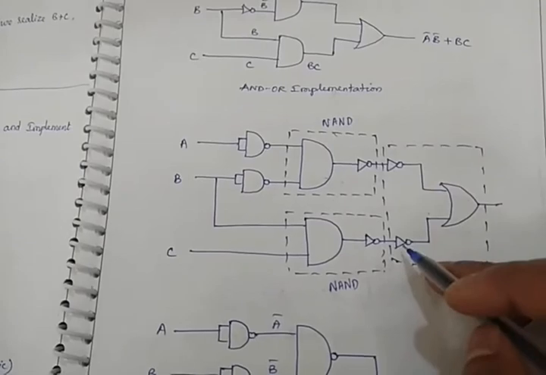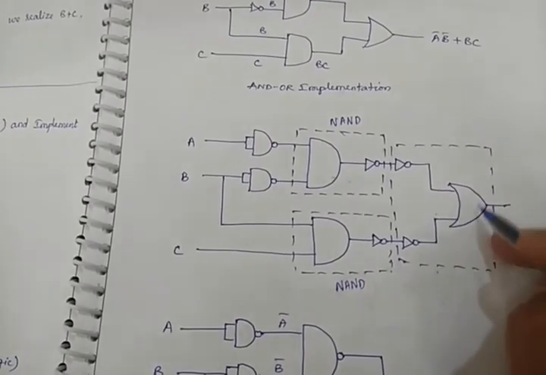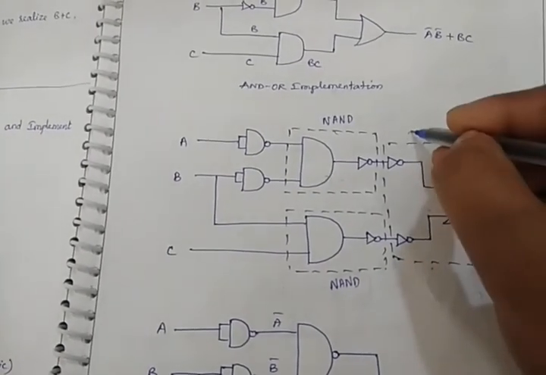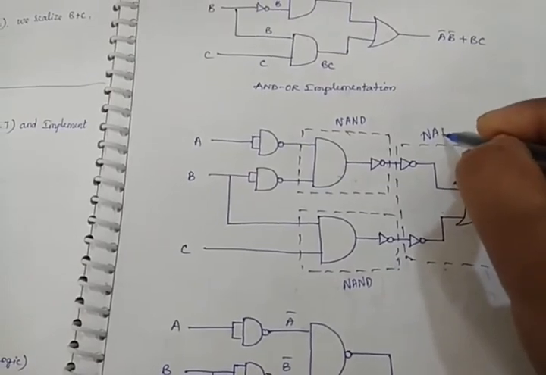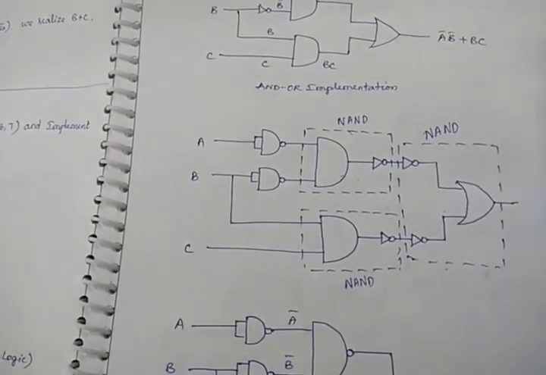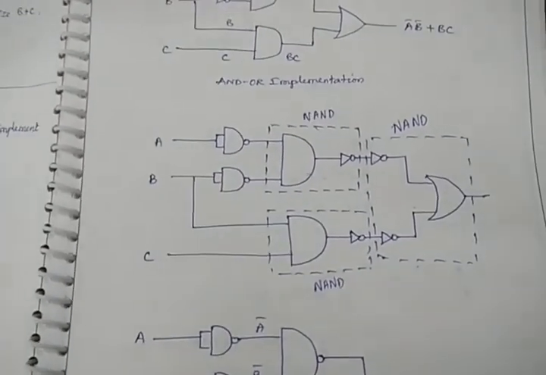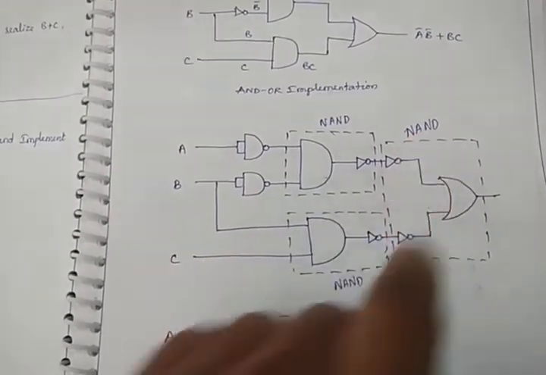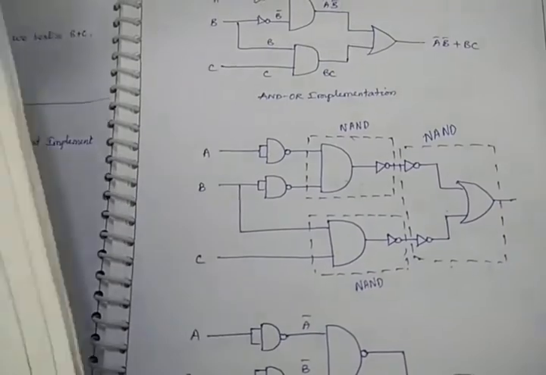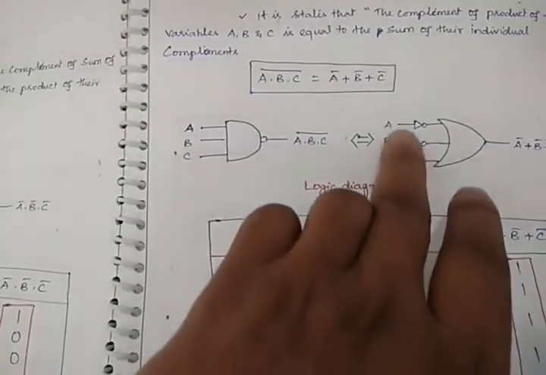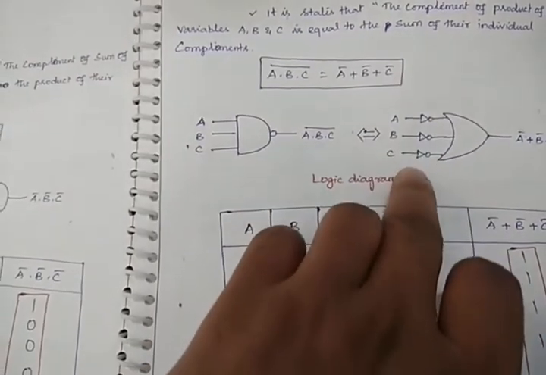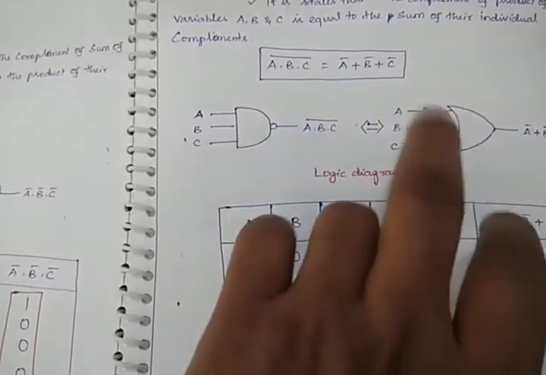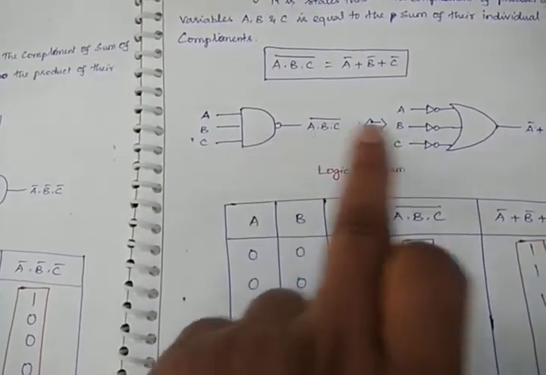Here two NOT gates and one OR gate. This is also a NAND gate. I will show you how we can say this is a NAND gate. In De Morgan's theorem we already saw, NOT gates and an OR gate equal a NAND gate.